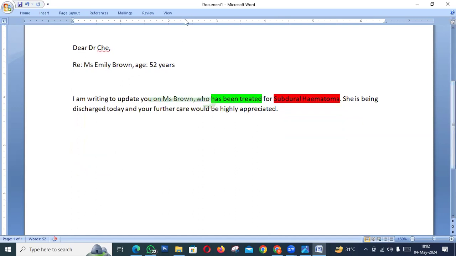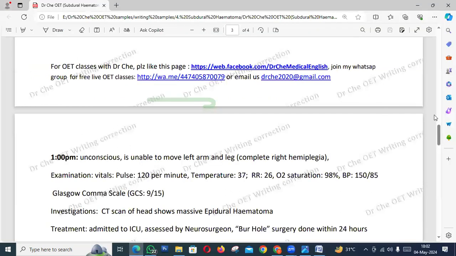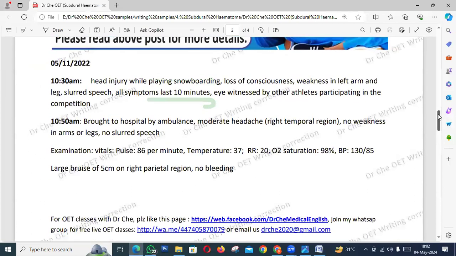Then we will continue. Then we will start with body paragraphs, okay? Before you start writing, you have to decide how many paragraphs you will write.